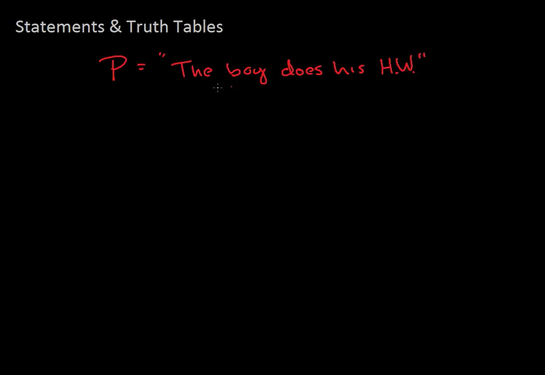If it's true, then the statement is true. If it's false, then its negation is true. The negation is not P, and we would denote it by putting this little elbow in front of it. It's kind of like a negative sign, and that restates the statement in the opposite manner. So the boy does not do his homework, and everything else is the same.